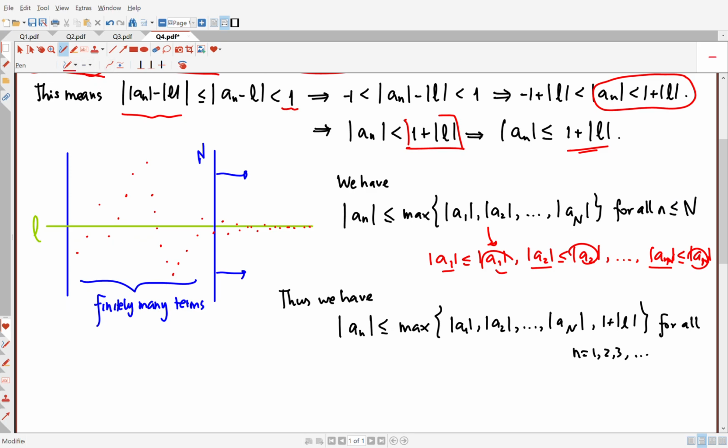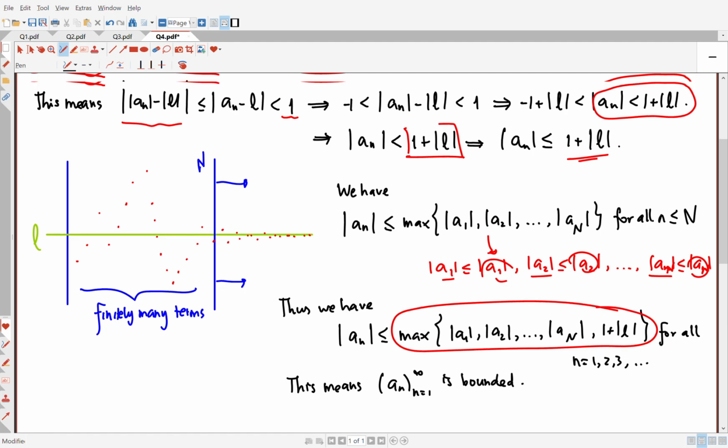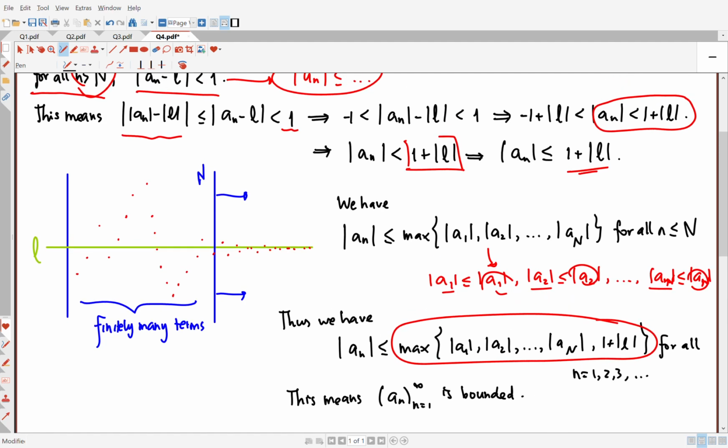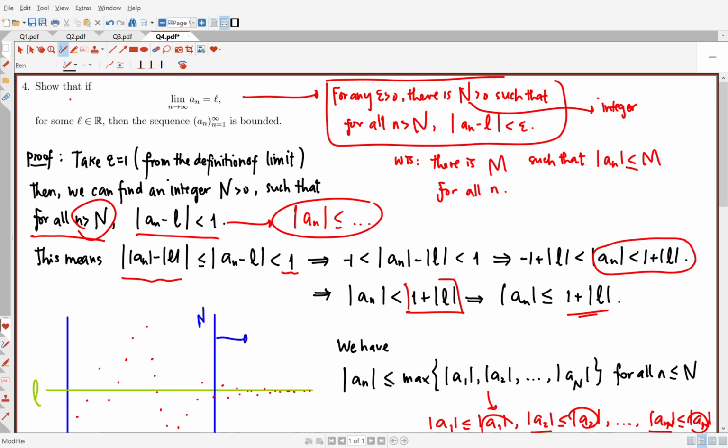It means that we can find a real number such that the absolute value of a_n is less than or equal to that real number. This means the sequence a_n is bounded. Okay. Yes. Done.